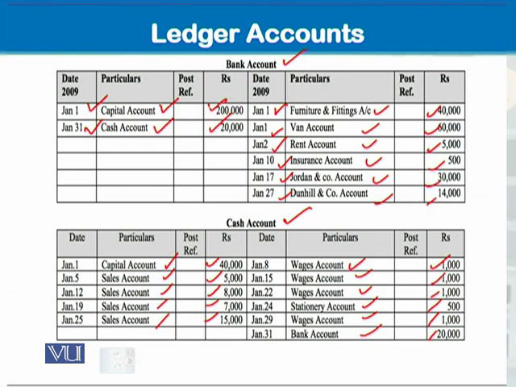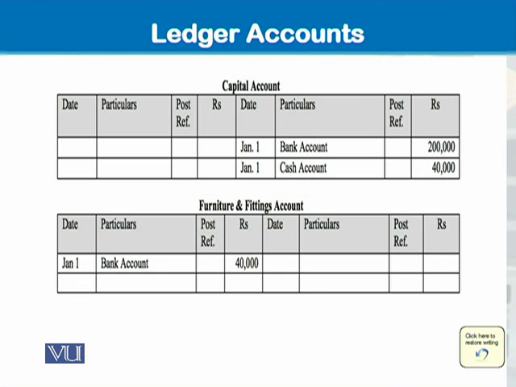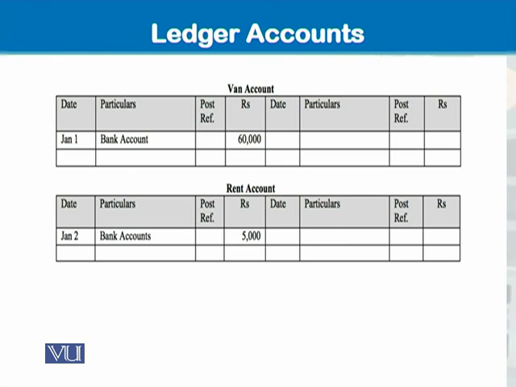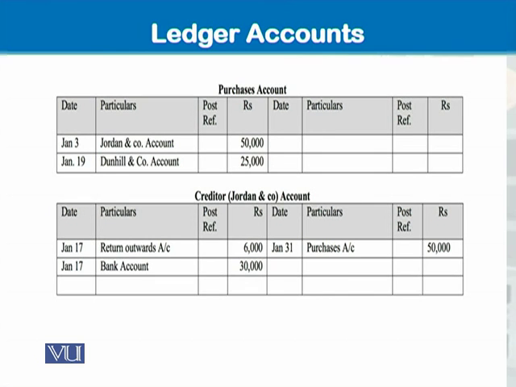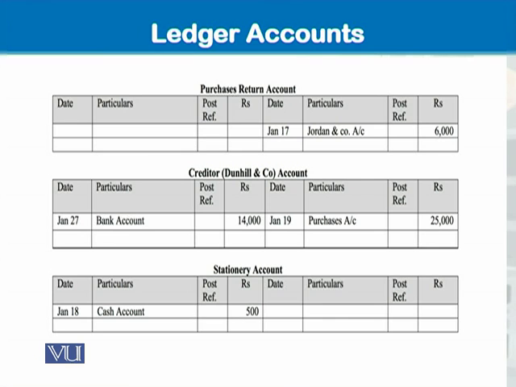And here you see it is becoming a summary of bank and cash. Then in the same way you will develop a summary for capital and furniture, then a summary for van and rent, for purchases and creditor Jordan, for sales, wages and insurance, and for purchase return, creditor Dunhill and stationery.